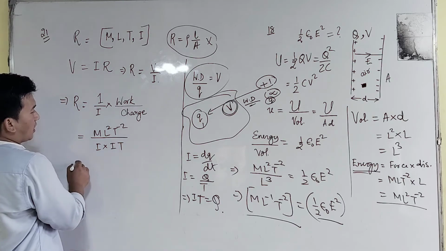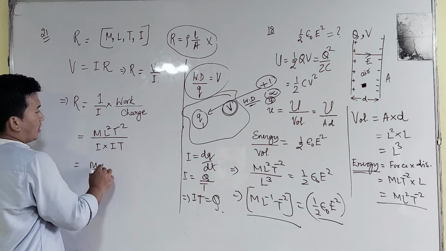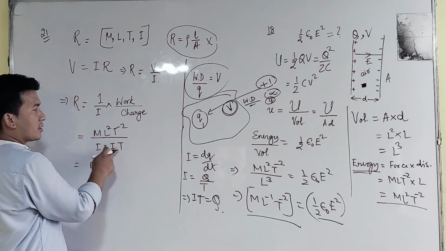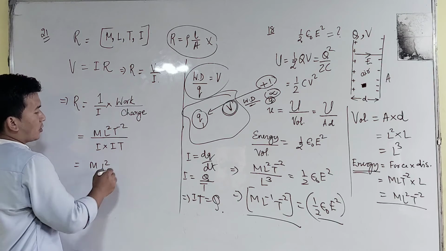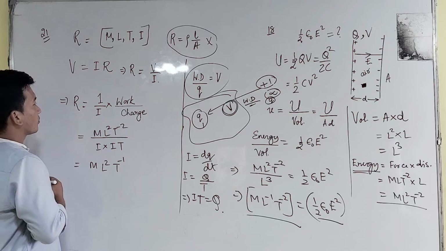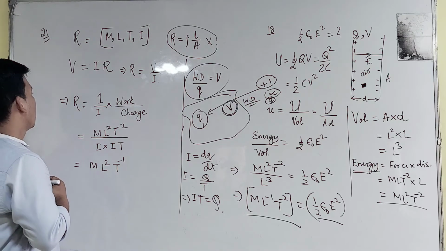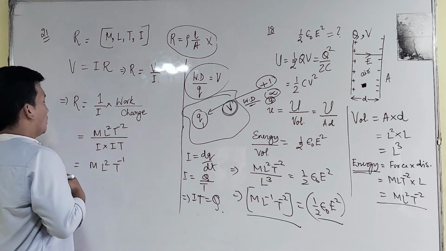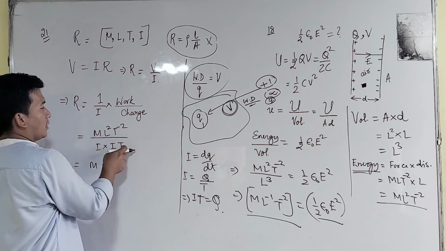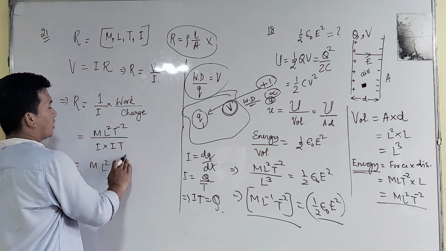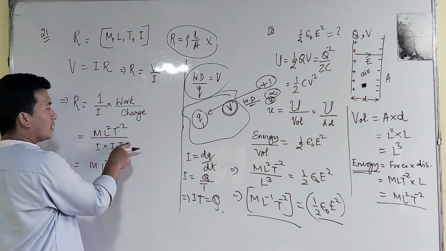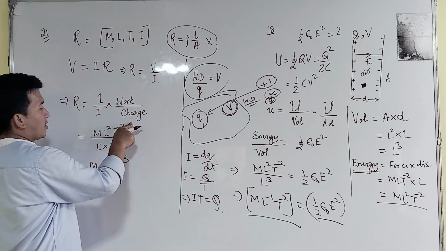So this is ML^2 in the numerator, and current in the denominator is I squared; taken upside, this will be I^-2. Then t^-2 divided by t is taken upside, this will be t^-3.